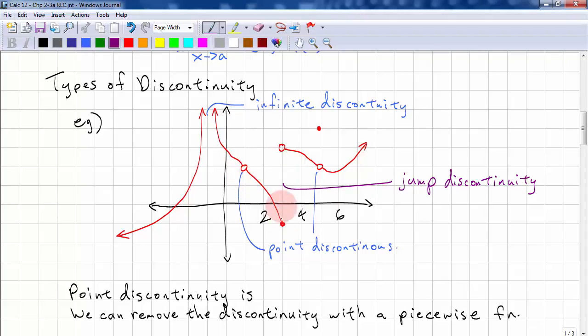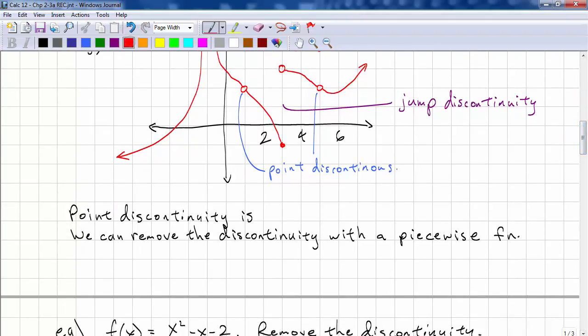And this left limit and right limit don't match, so we call this a jump discontinuity. And point discontinuities can be removable. We can remove the discontinuity with a piecewise function.